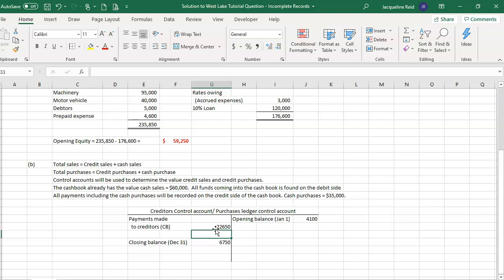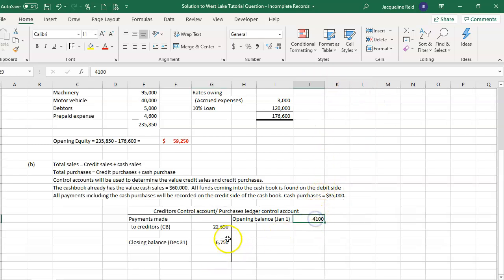So it means then that our credit purchases can be described as the missing figure. So let us see what we mean by missing figures. When we look on the debit side of our account, we see that it is going to be more in total than our credit side.